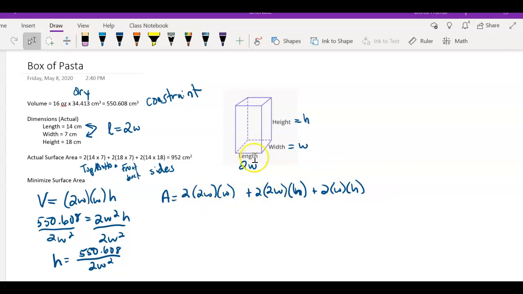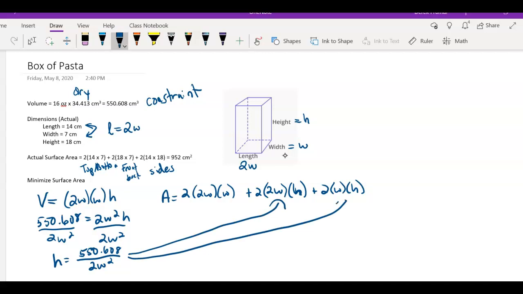It's 2 times the length times the width plus 2 times the length times the height plus 2 times the width times the height. What's important to know is now I need to use the constraint and replace H in both parts of that area formula.